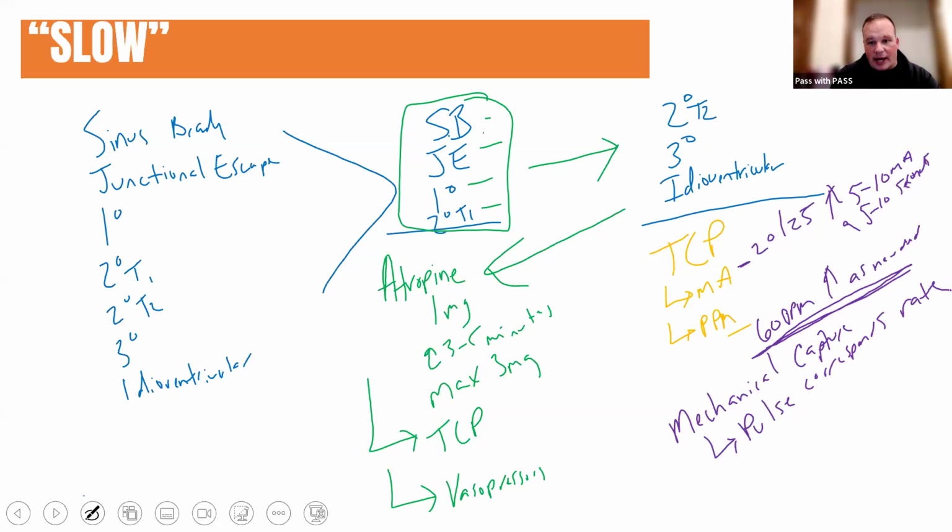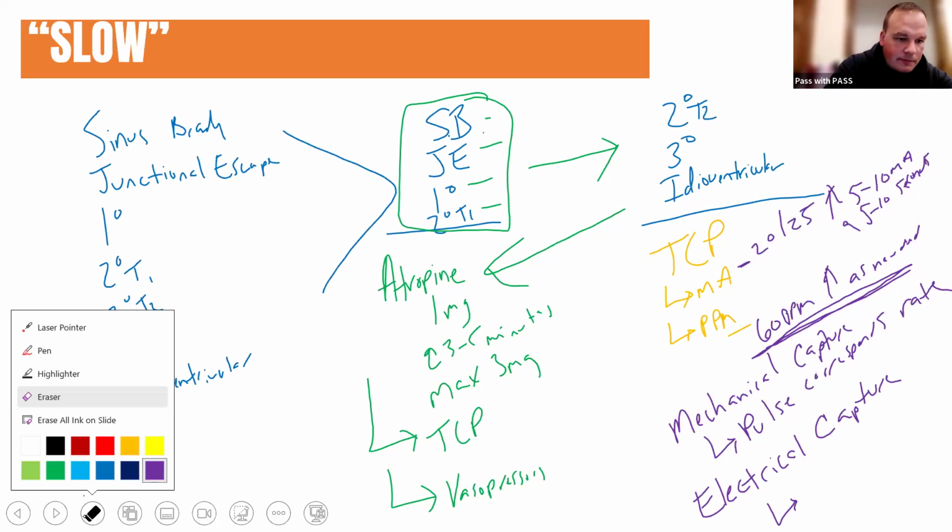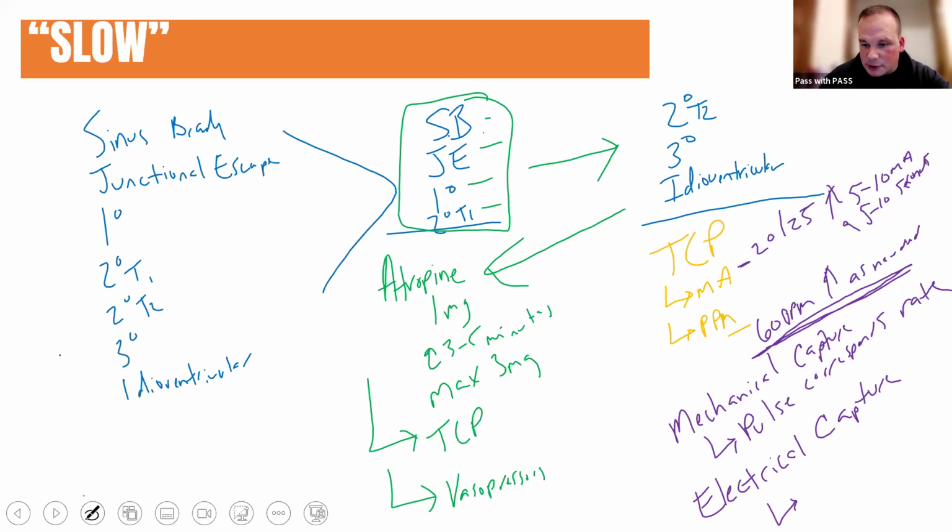That is mechanical capture. The other type of capture that I mentioned is electrical capture. Okay. And electrical capture means that I have a pacer spike, and immediately following that is a wide QRS complex.